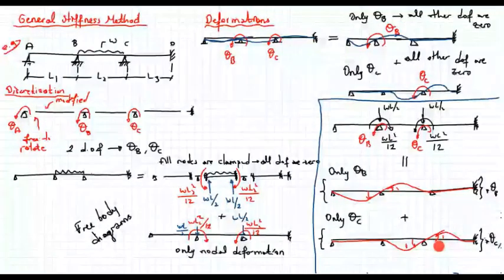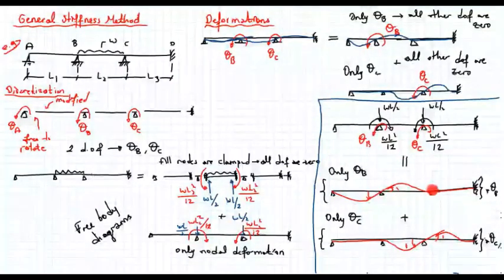So again, by using the slope deflection equations, I can calculate the member end forces. When I transfer them to the nodes and add them up, they must be equal to this WL square over 12. When I do that addition in this node, I'll obtain my first equilibrium equation.